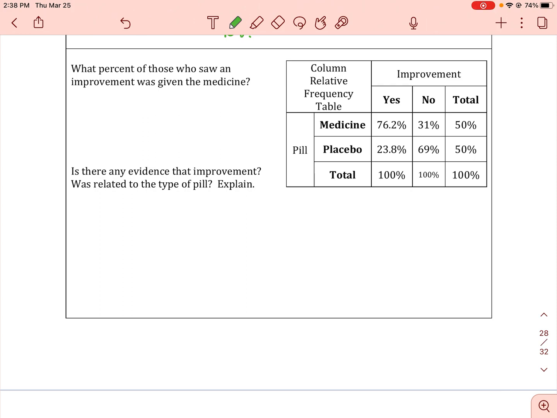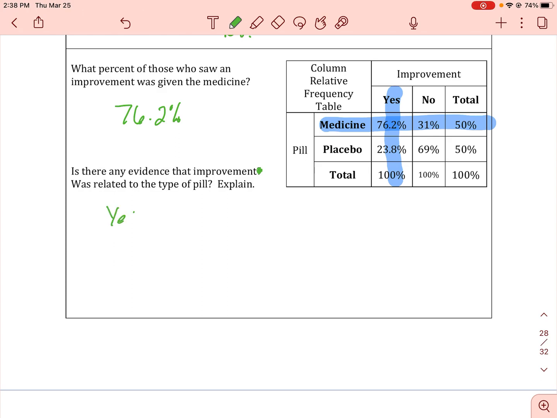What percent of those who saw an improvement was given the medicine? In this case, of the people who saw improvement were given the medicine, 67.2%. Is there any evidence that improvement was related to the type of pill?